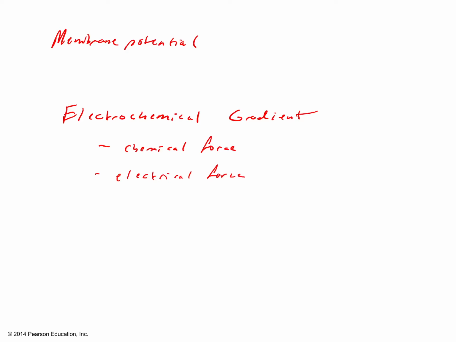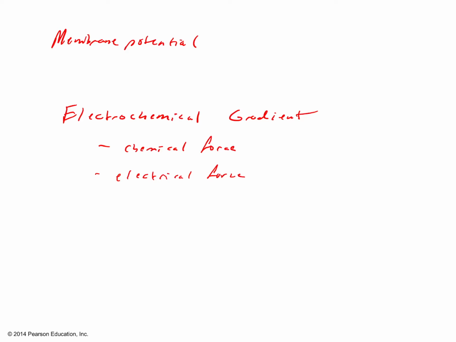So think about it this way. You have a positively charged ion in high concentration outside of a membrane and a low concentration inside. The concentration gradient, the chemical force, causes that ion to want to move from high concentration outside toward low concentration inside. That's it, simply moving down the concentration gradient. But it's a positively charged ion. So if there are more positively charged ions outside the membrane than inside, by default, you have a relative negative charge inside.